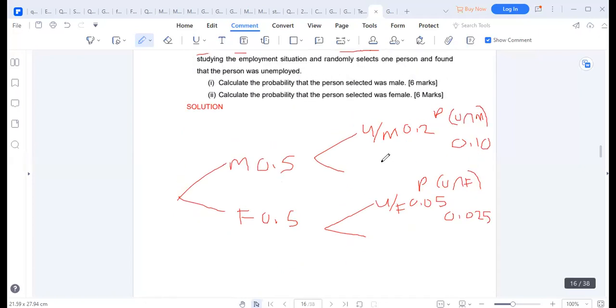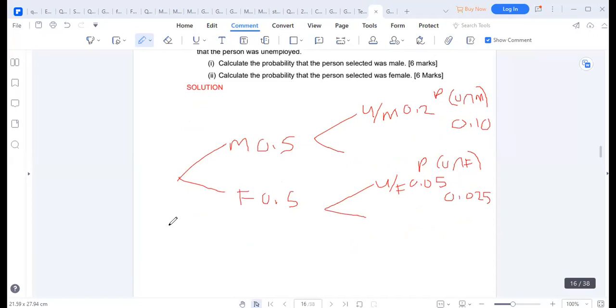So according to theorem 2, when you're adding two intersections, for instance U intersection M plus U intersection F, the sum total will be the common letter. What letter is common between these two?